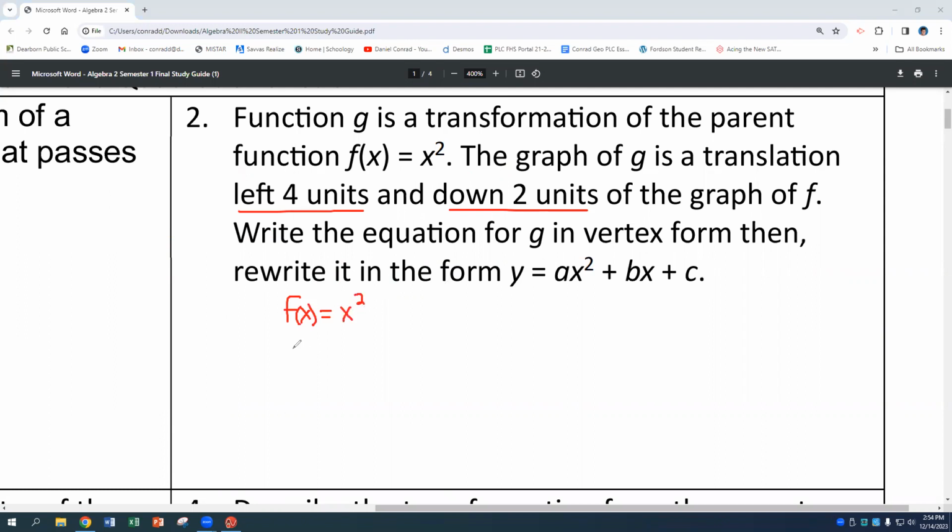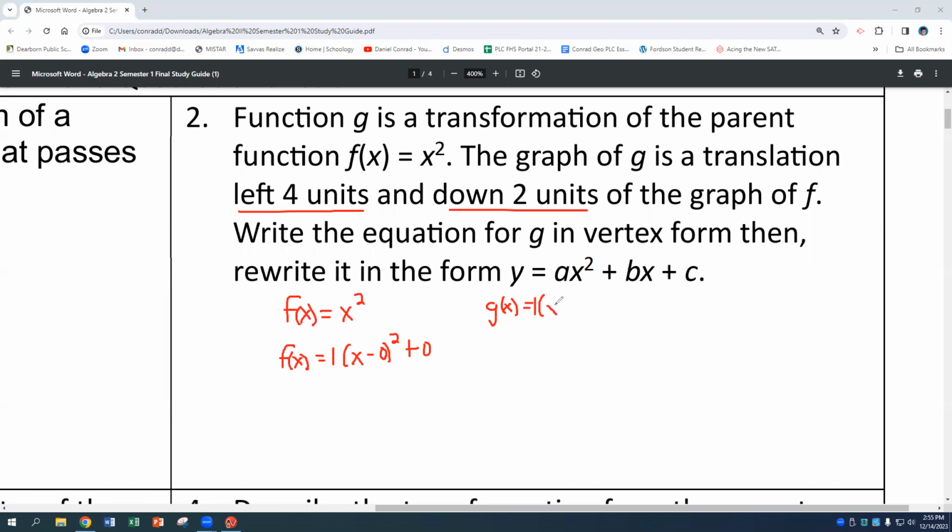What this really is, right, is 1 times x minus 0 squared plus 0. So if we want to do g of x, we're not going to shrink or stretch it, so we're going to leave it as a 1.